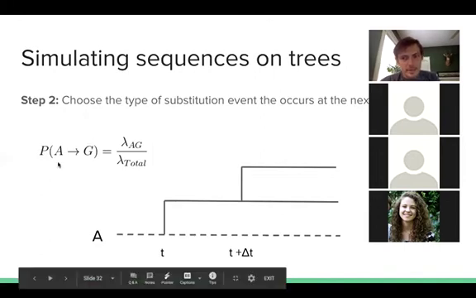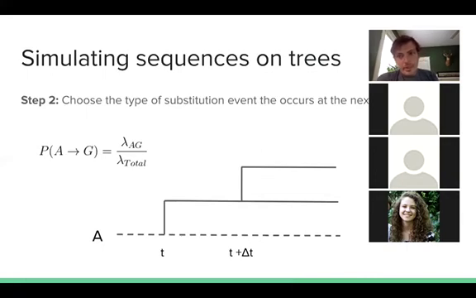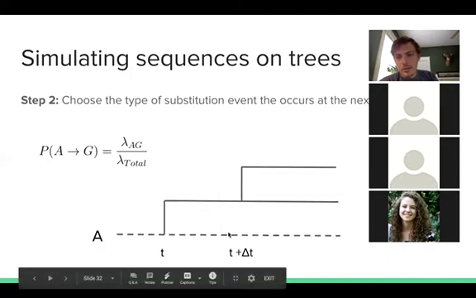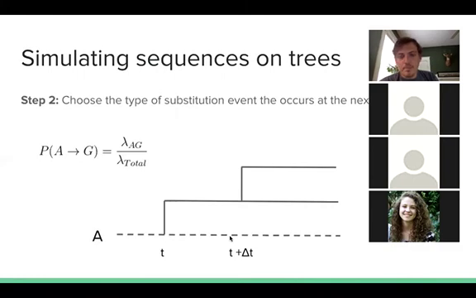I haven't listed all of these, but for example, if we want to consider the relative probability of this particular site mutating from A to G in a nucleotide substitution model, we can consider the rate at which mutations happen from A to G over the total rate at which mutations occur to figure out the relative probabilities of each substitution type, and then randomly pick what type of substitution event occurs by drawing an event according to the probability of each event type occurring.